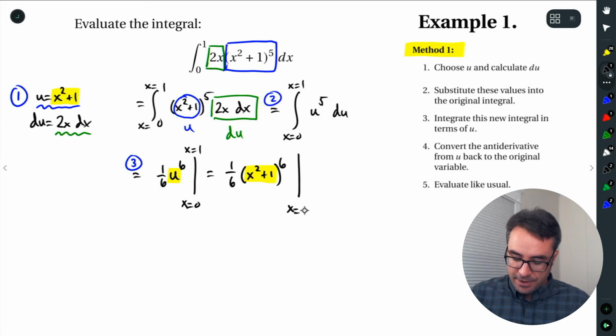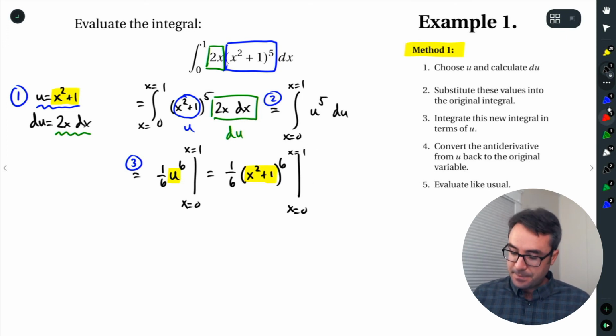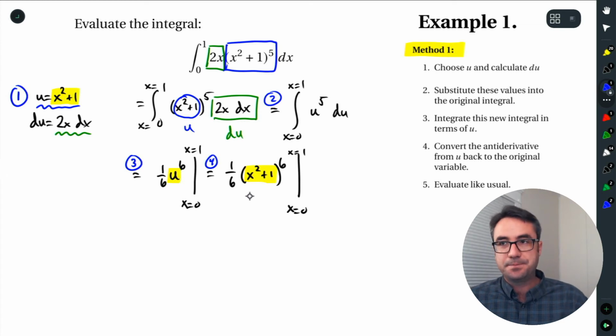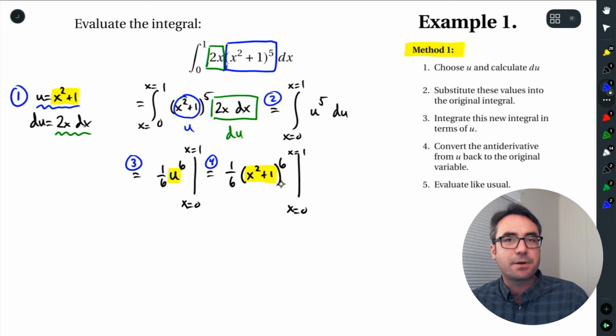We have our evaluate line, going from x equals 0 to x equals 1. That was step 4, convert back to the original variable. Once the variable on the limits of integration and the variable of your antiderivative match, then we can start plugging in. So that's the last step: just evaluate like you normally would. One little reminder: because we're doing a definite integral, we don't need plus C for our antiderivative.